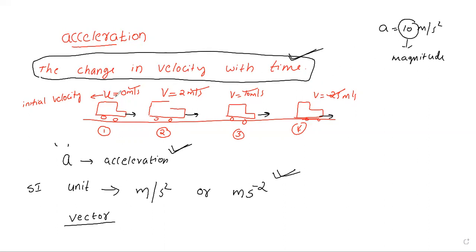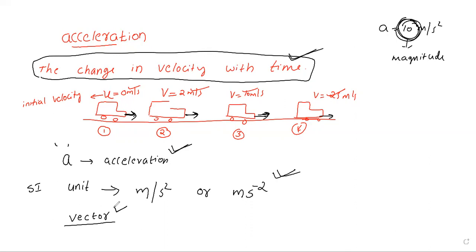So this vehicle has an acceleration of 10 meter per second square. That 10 is the magnitude, and it has some direction like this. This is the direction of the acceleration. Clear? So such quantities are called vector quantities.